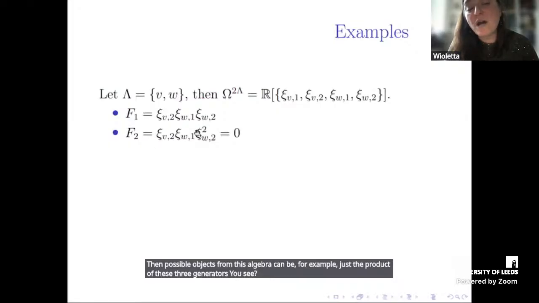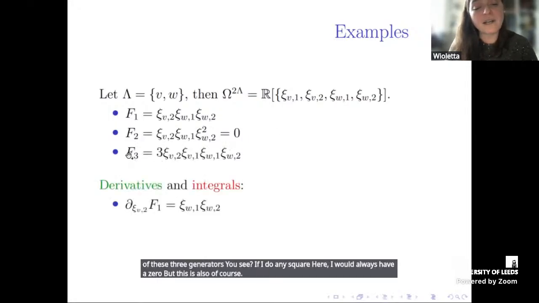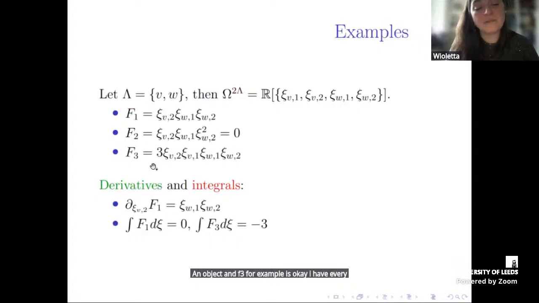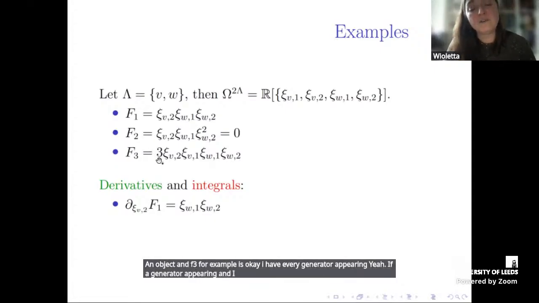If I do any square here, I will always have a 0. But this is also, of course, an object. And F3, for example, is, okay, I have every generator appearing, and I have here, for example, 3 multiplying everything. And here you see I don't have the right order. So if I want to have it in the right order, I have to make a switch.